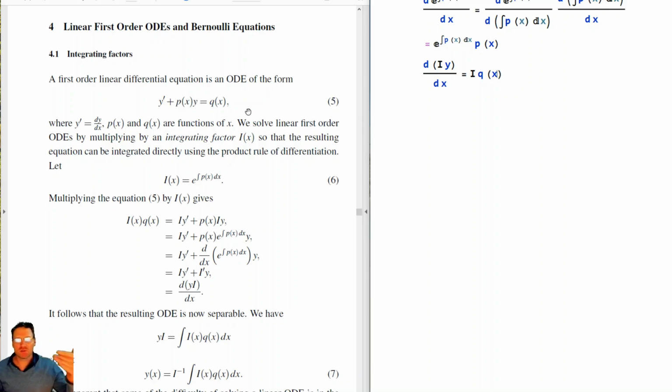Remember, we multiplied that right-hand side of this equation also by I.